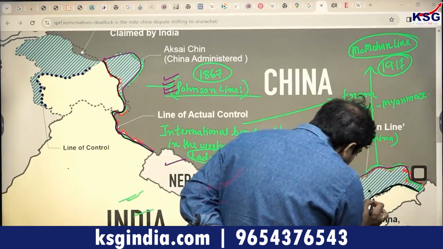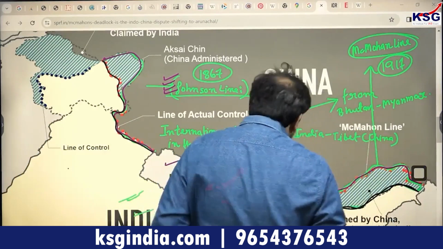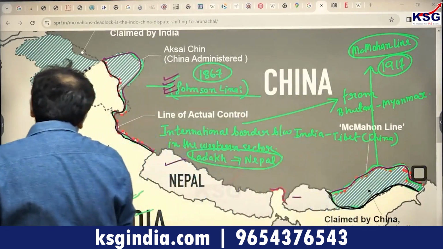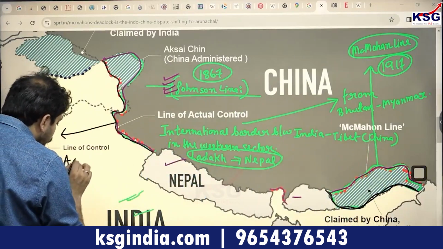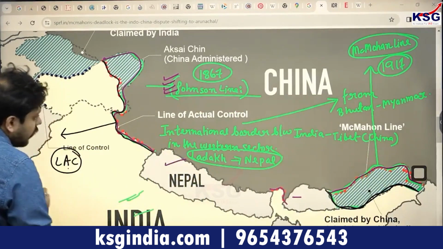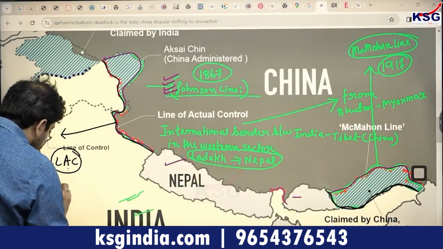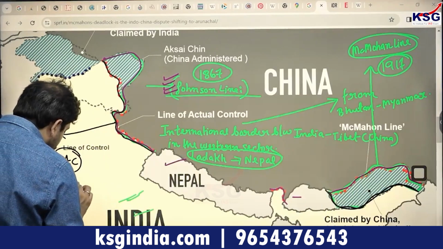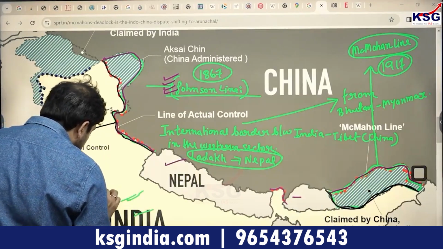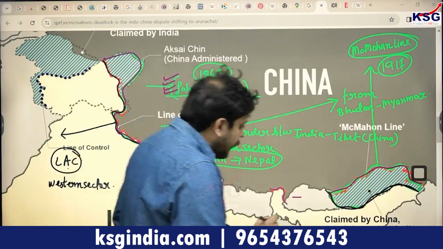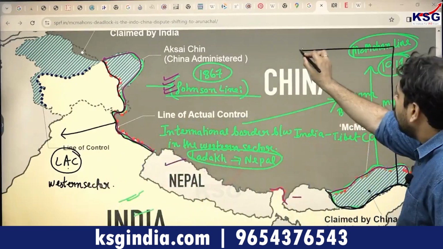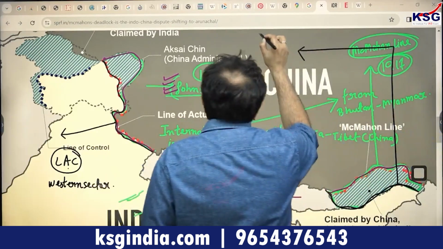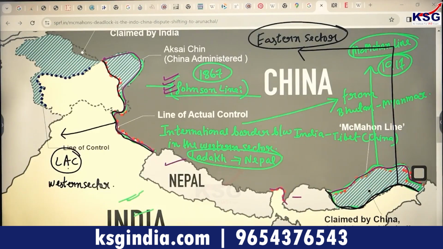You see, so China gives the concept of the LAC, line of actual control, which is marked in black over here in the western sector, and LAC, which includes Arunachal as a part of China, in the eastern sector. You see the point? This is the claim that the Chinese make with regard to it.